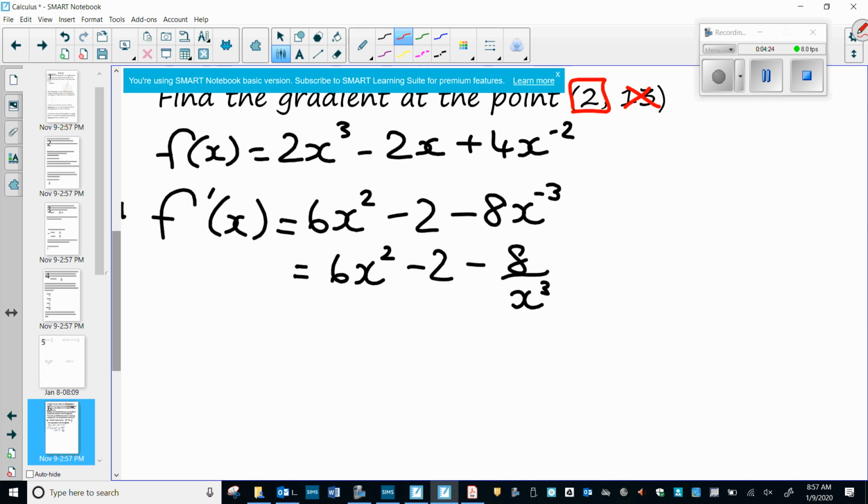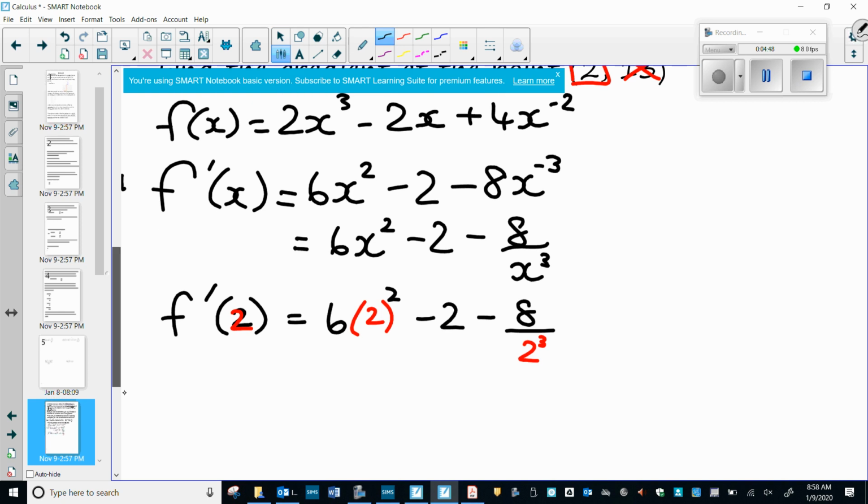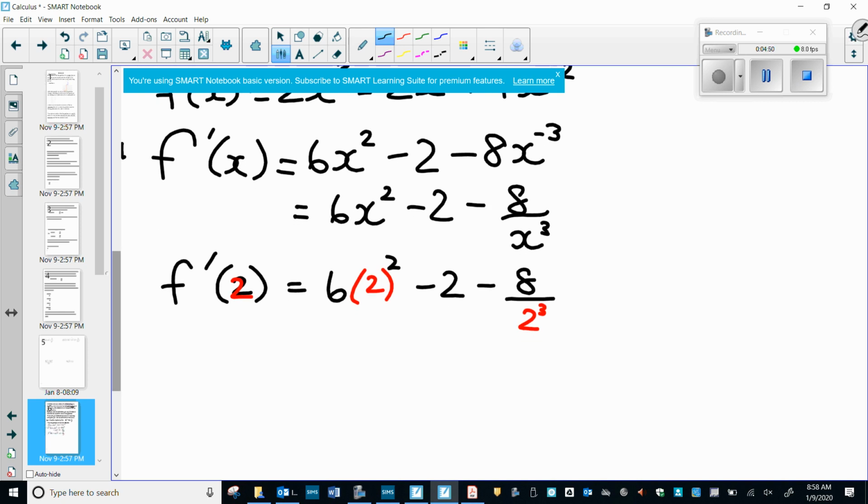So we're now going to substitute the value 2 in. So we're finding f dash 2. Remember that in function format, that's how we will show it. So that's 6 lots of 2 squared minus 2 minus 8 over 2 cubed. Okay, let's practice our mental arithmetic.